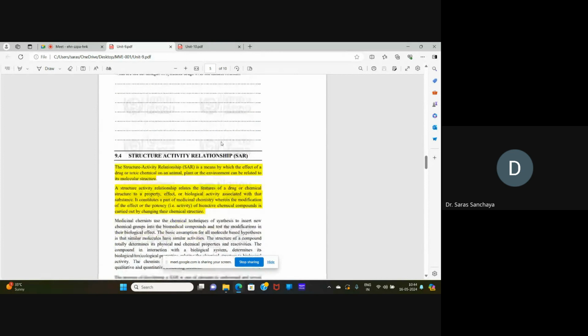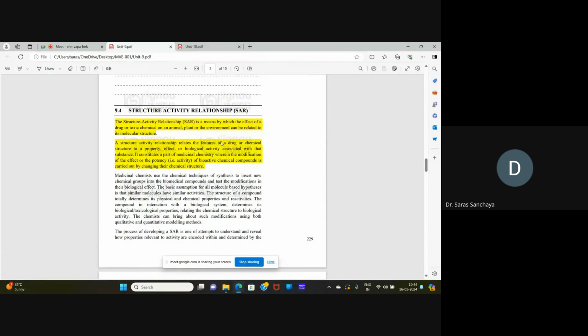Now, structure activity relationship. What is structure activity relationship? It is a means by which the effect of a drug or toxic chemical on an animal, plant, or environment can be related to its molecular structure. A structure activity relationship relates the features of a drug or chemical structure to a property, effect, or biological activity associated with that substance.